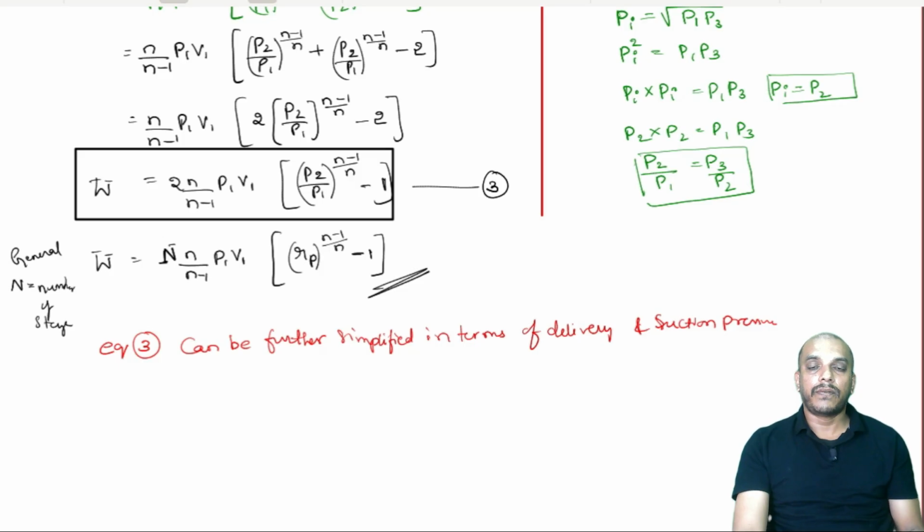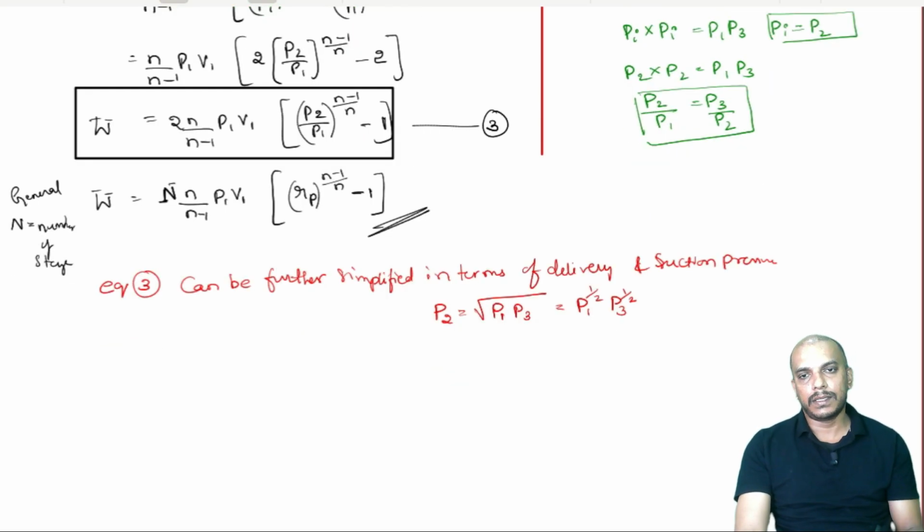So, therefore, this can be further simplified in terms of delivery and suction pressure. Now, how do we write that? P2 is the square root of P1 and P3, correct. So, this can be written as P1 power half and P3 power half. We are basically trying to write pressure in terms of delivery or suction pressure. We want to eliminate P2.